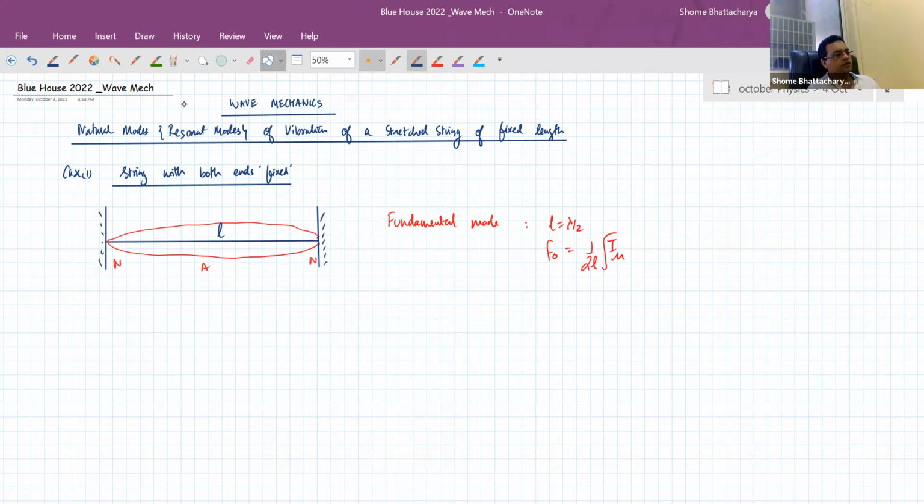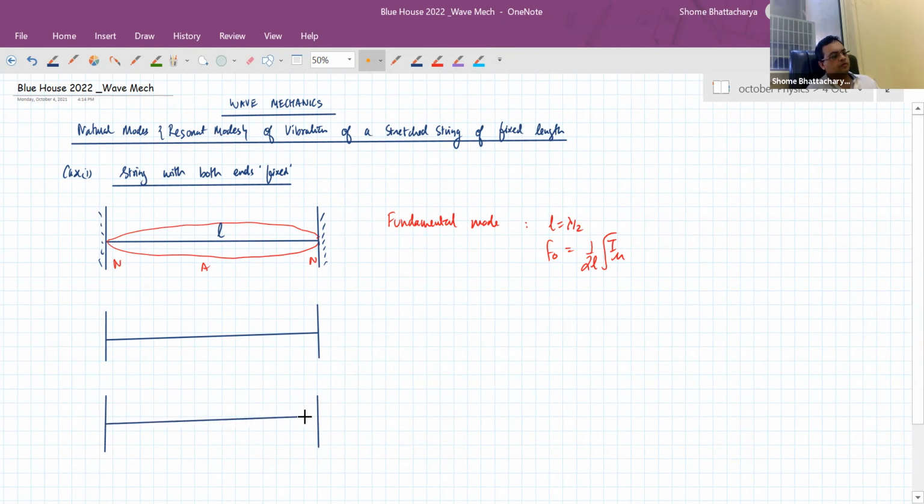Now similarly, the first overtone becomes the mode in which we have the next highest possible frequency. So for that, what should happen is that the string should vibrate in such a way that the two ends are nodes, but there's one more node in between.